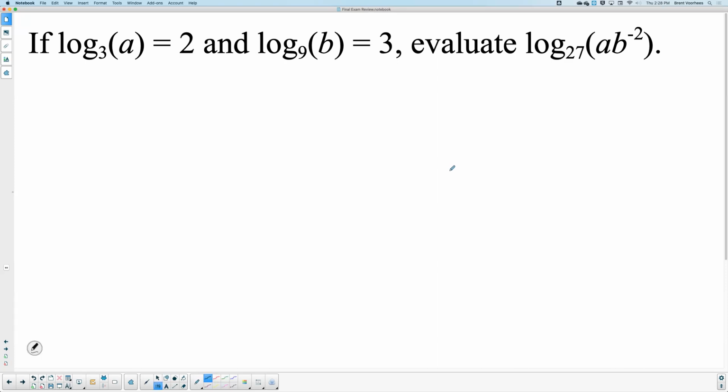Where do we start? Do I start with log base 3 of A equals 2, log base 9 of B equals 3, or do I start with log base 27, all that?